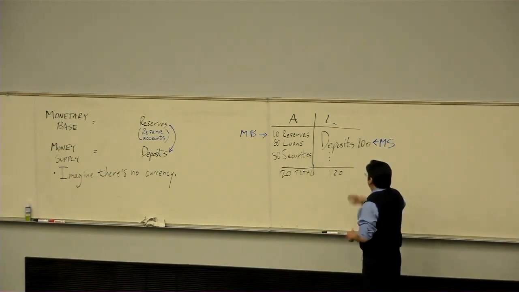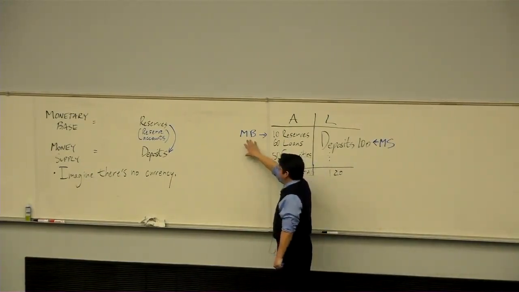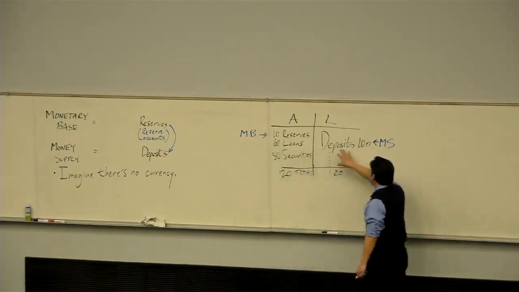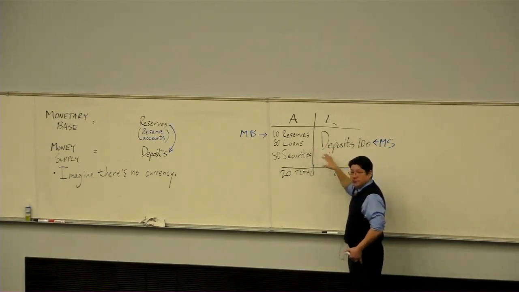In other words, we can use these numbers to see that the monetary base is going to be much smaller than the money supply, because the reserves are small relative to the deposits at every single bank.